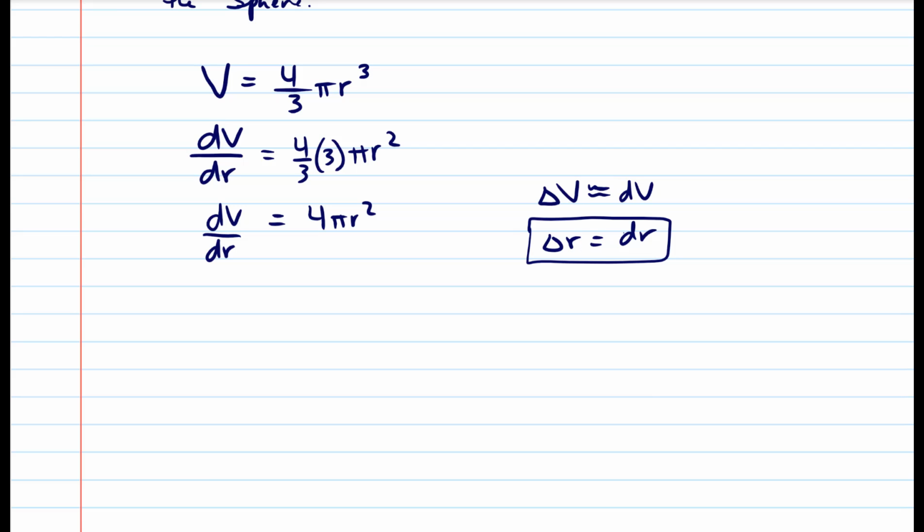So let's do this here and see if this makes sense. I'm going to go dV is equal to, and I can just multiply both sides by dr. That's true, it's very kind and dandy, but we have this right here now. So the difference in the volume can be approximated by this little formula right here.